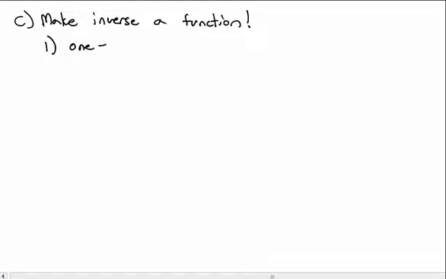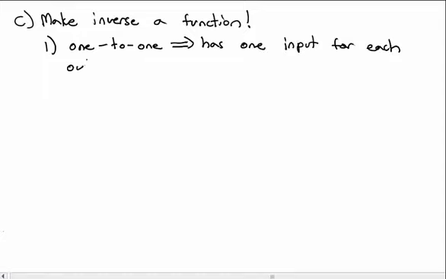A one-to-one function has one input for each output. And this is similar to our definition of a function. A function had one output for each input. This, a one-to-one function, is the opposite. A one-to-one function is going to pass not the vertical line test, but the horizontal line test.